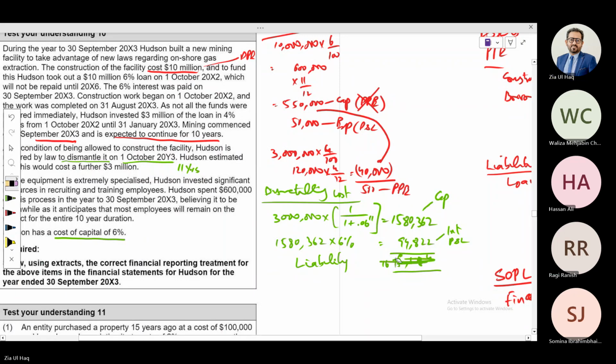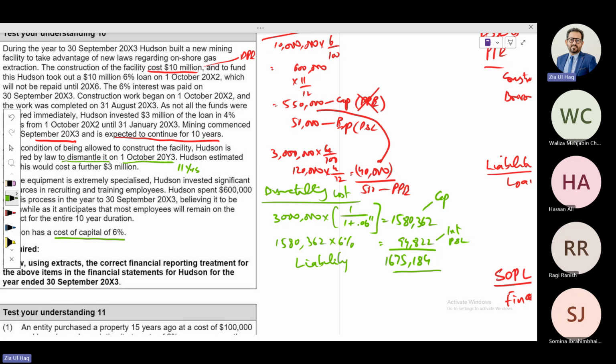Where should this be recorded? In the statement of financial position.